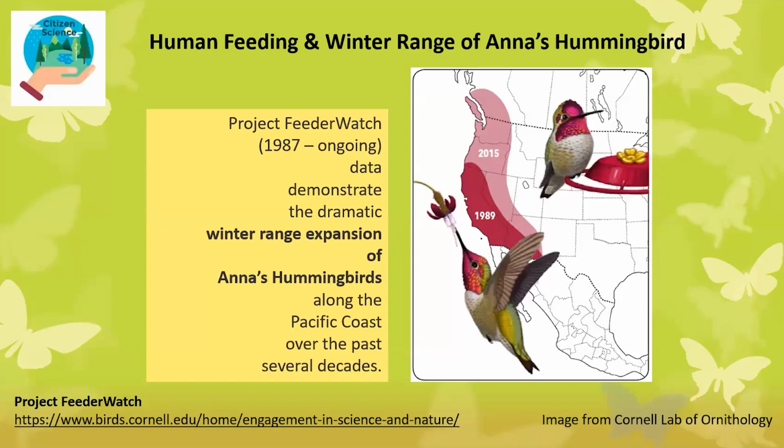And in 2015, it had expanded to include Oregon, Washington, and British Columbia. Isn't that exciting? So here is something that humans collectively have been able to do in benefit of a wildlife population.